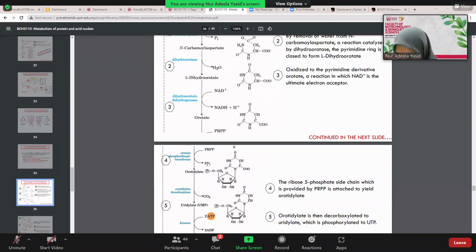Lepas tu you ambil PRPP punya structure and you look dekat mana this inorganic pyrophosphate yang dia release, and which part of the phosphoribosyl is linked to this orotate.